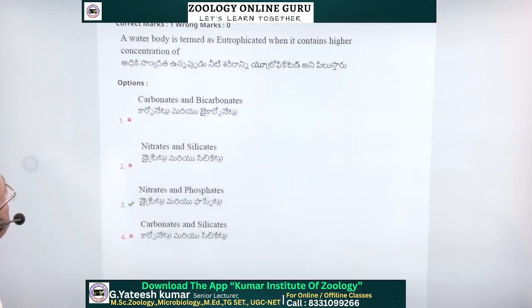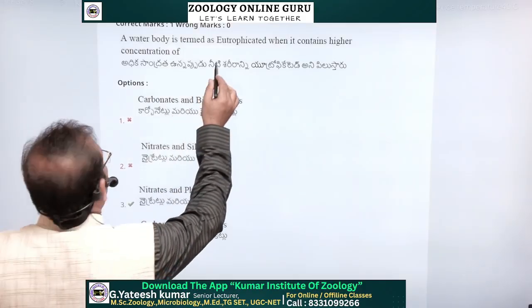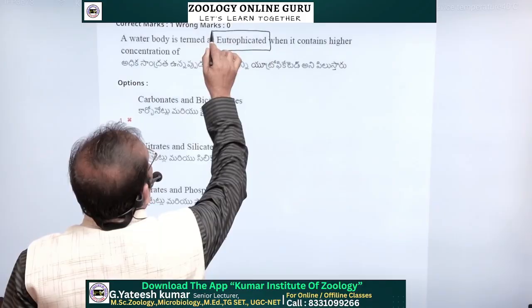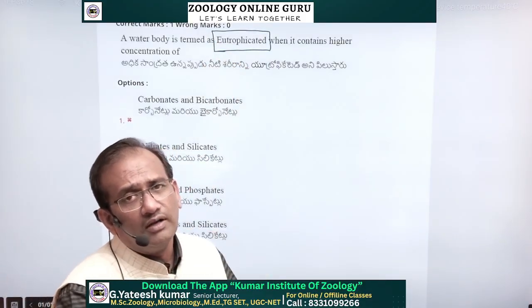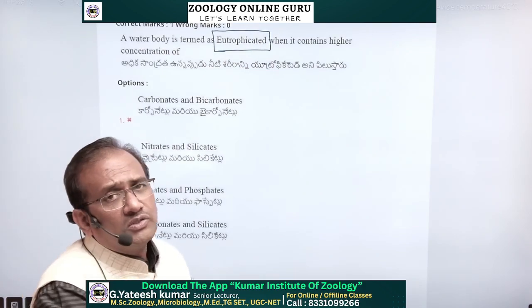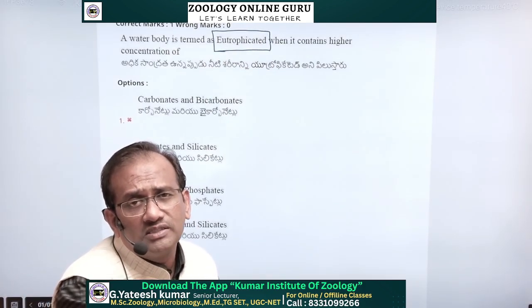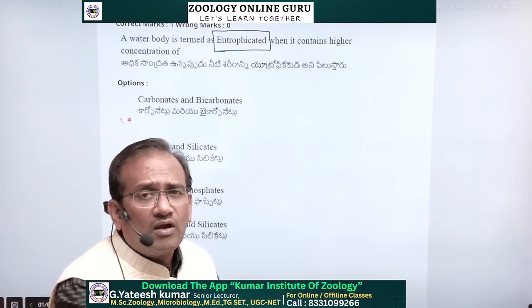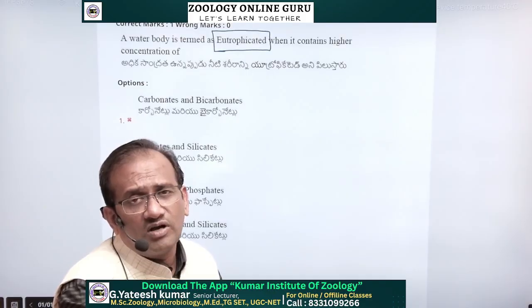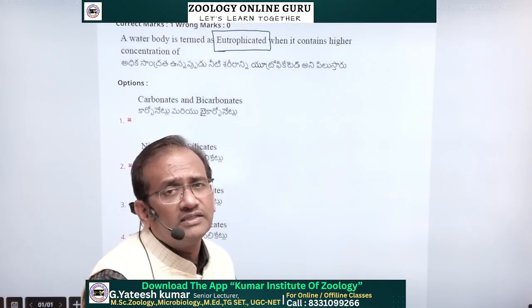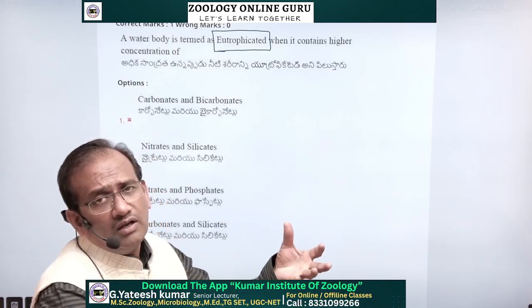A water body is termed as eutrophicated. Okay, this is eutrophication. Eutrophicated means highly nourished or nutrient-rich medium. So algal growth is more in eutrophicated water bodies, because extra nutrients, nitrogen or phosphorus, nitrates or phosphates, are added to that water body, increasing its nutrient richness, and immediately the algae come and grow.